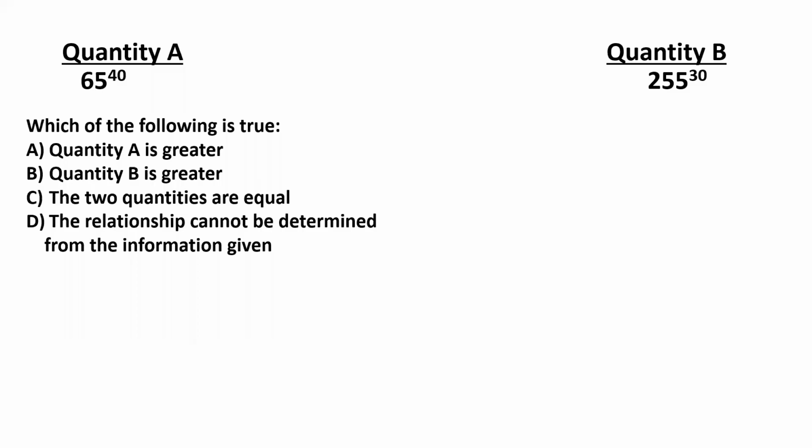We are given two quantities. Quantity A is 65 to the power 40 and quantity B is 255 to the power 30. And we are asked to find the relationship between quantity A and quantity B. The options given are: quantity A is greater, quantity B is greater, the two quantities are equal, and the last option is the relationship cannot be determined from the information given.